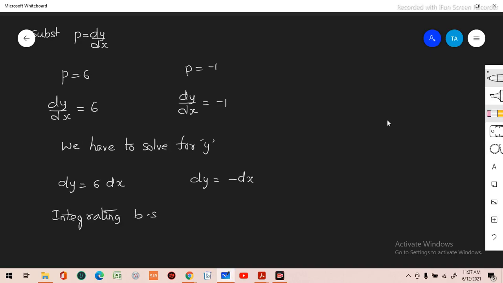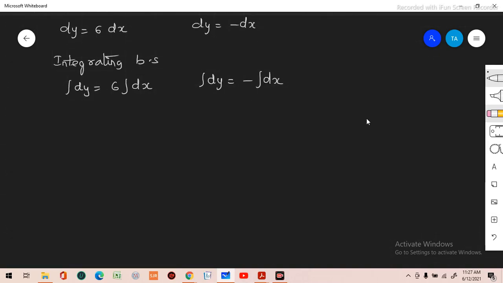Integrating both sides, integration of dy is equal to 6 integral of dx. And here integration of dy is equal to minus integral of dx. Now integration of dy is y.